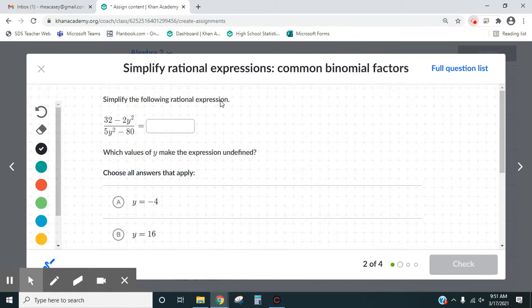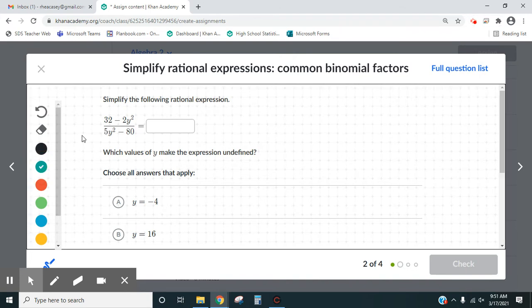All right, so this looks a little different, but we're still going to factor this. I'm going to remind you of something right now. Who remembers how to factor something like that? It's a special factor. Yeah, +3 and -3.